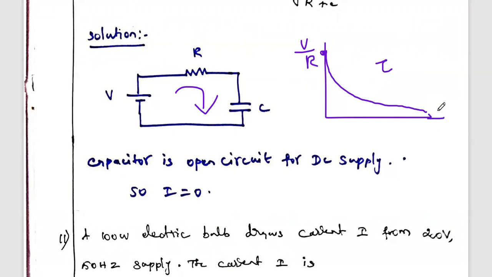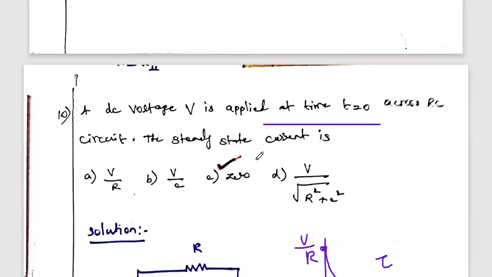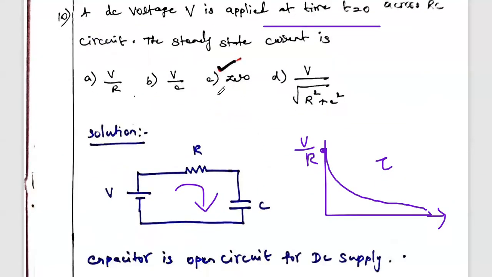At steady state, or time t equal to infinity, the current flowing through the circuit reaches 0. The capacitor is an open circuit for the DC supply, so the current flowing through the circuit is 0. So the steady state current is 0 for this RC circuit at time t equal to infinity.